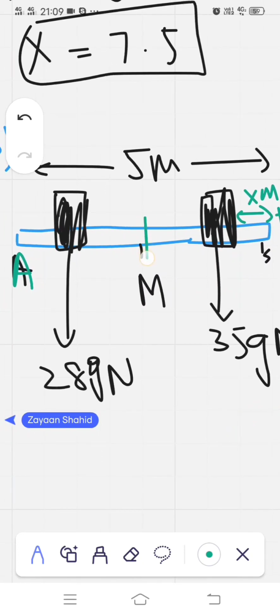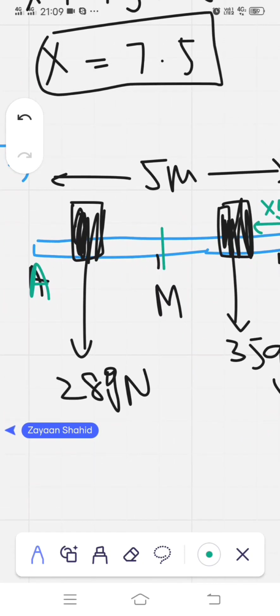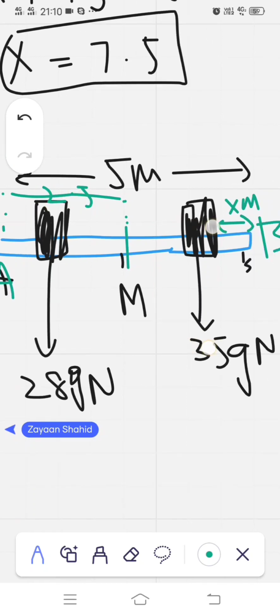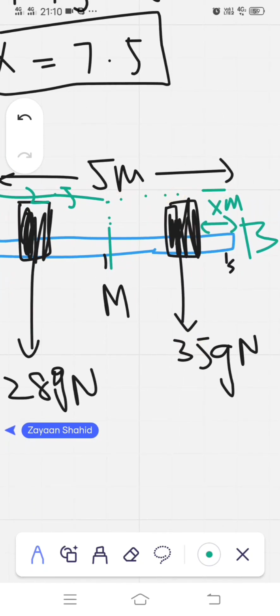As this is the midpoint, this distance will be 2.5, from here to here, and this is also 2.5, but this is the x distance, because total is 5 meter and M is the midpoint. We can find out the value of x.